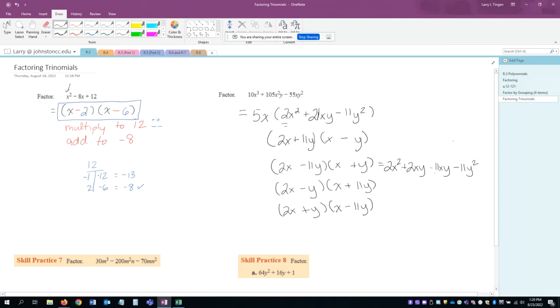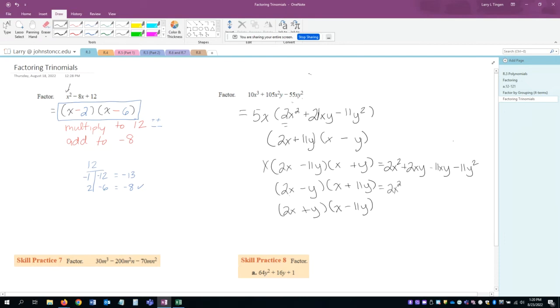Right? 2xy minus 11xy is going to give me negative 9xy. So that one's not going to work because I need to add to 21. So anyone else? Oh, I think I was looking at the third. All right, let's try the third one. So we know this doesn't work, and that's information, right? That's good for us to know. So ignore that one.